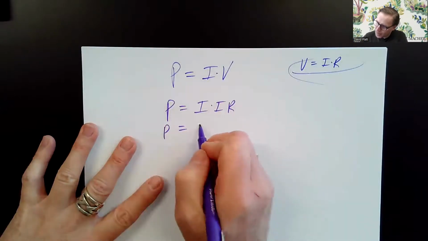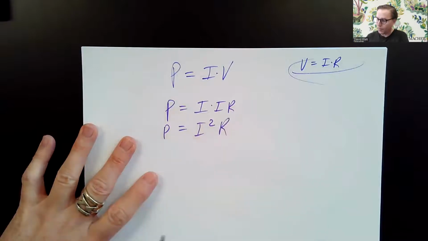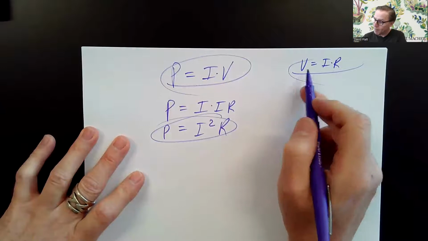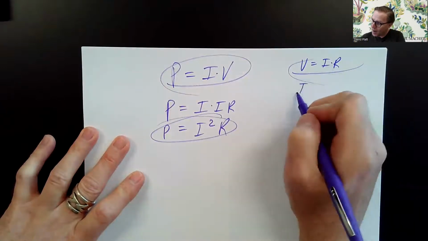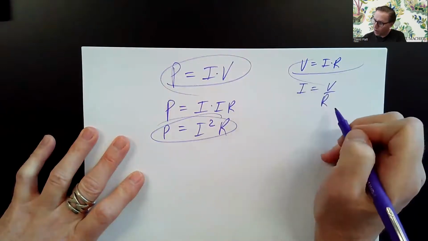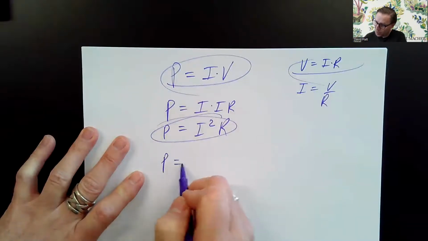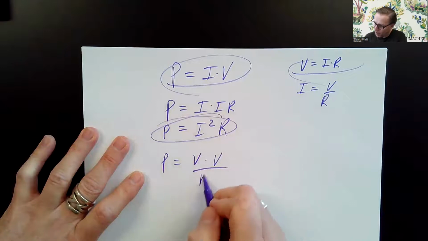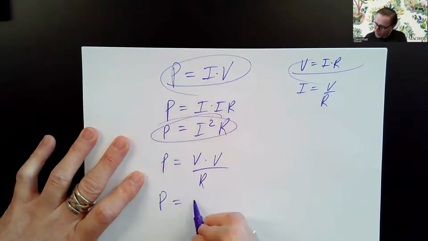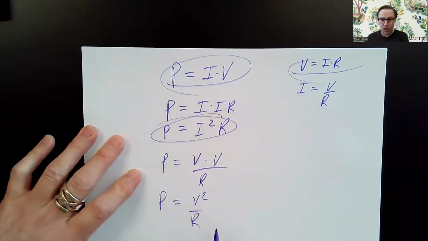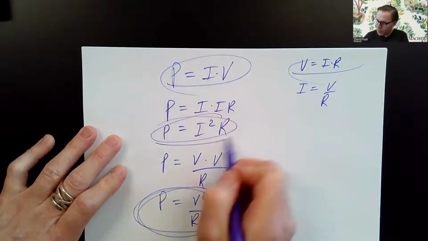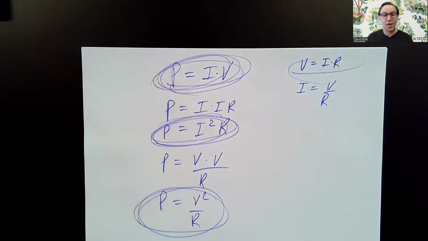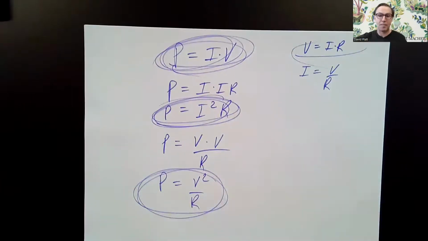So power is I squared R. Or, since V equals IR, I equals V over R. So instead of P equals IV, instead of I, I can write V over R. And I can say power is V squared over R. So 3 different equations for calculating power.